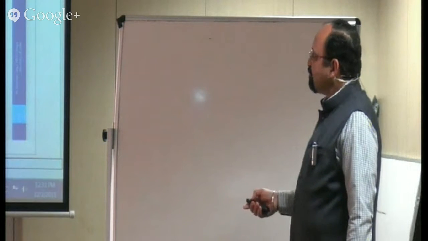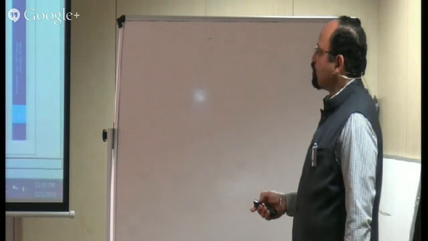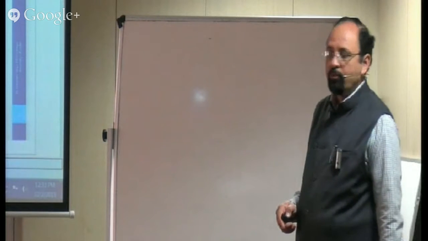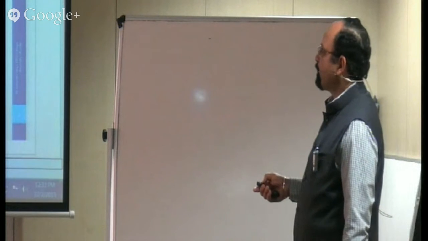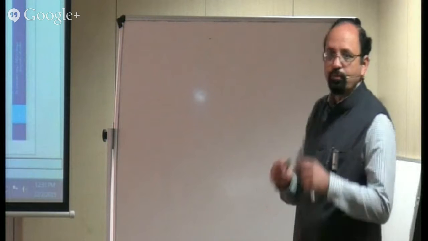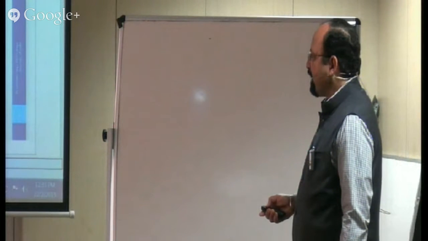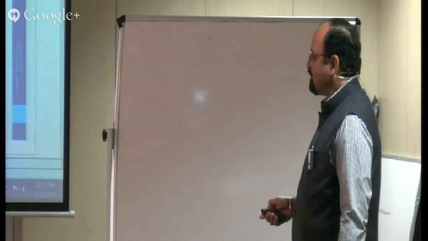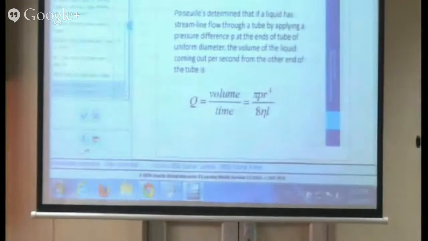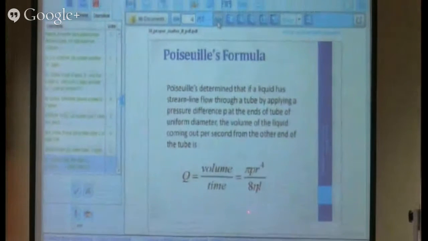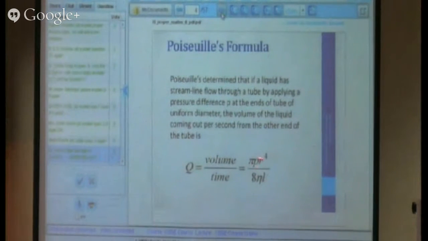But there is a formula to handle the motion, given by Poiseuille, known by his name, Poiseuille's formula, according to which if there is a tube and through the tube the liquid is flowing at a rate Q, which is nothing but the volume per unit time, it depends on the pressure difference P, the radius, the coefficient of viscosity, and the length.